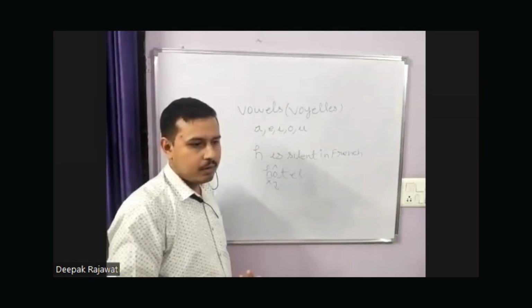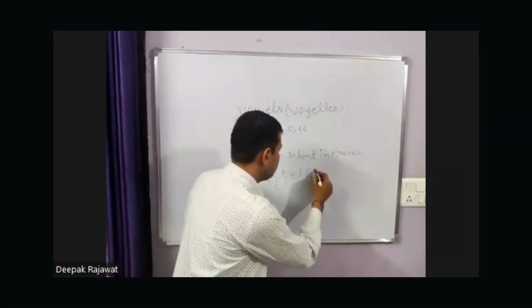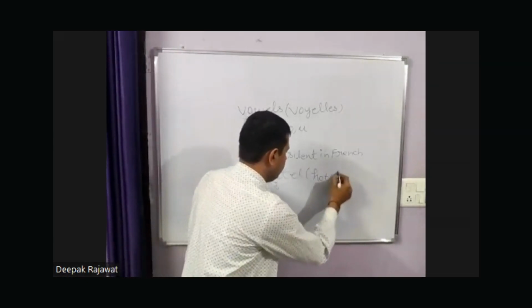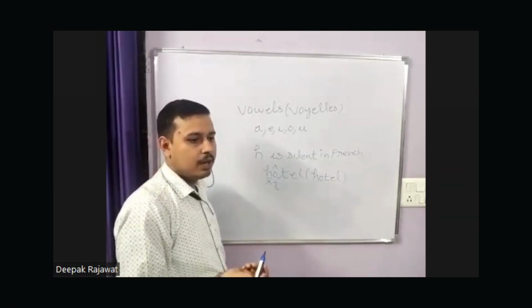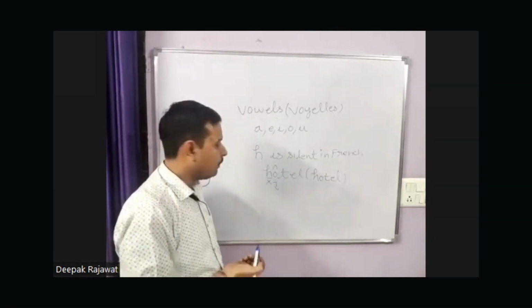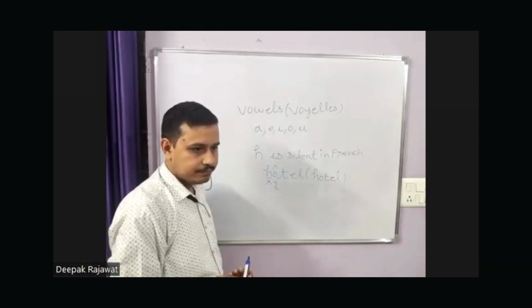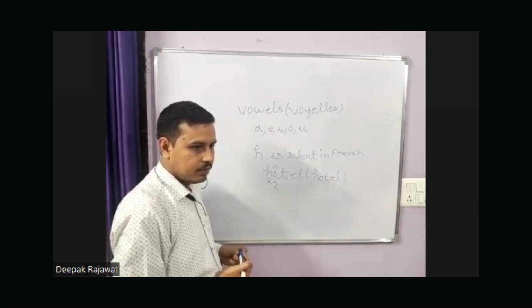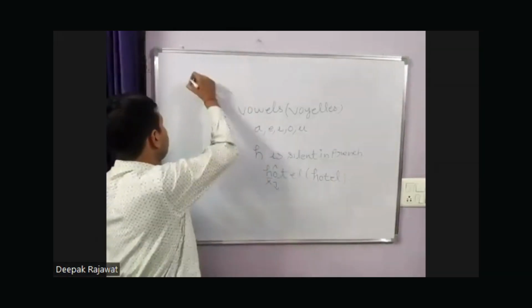O, we have done O. So it becomes hotel. We write it. We write the letter H, but we never pronounce it. Okay, we skip the letter H in French. This is clear? So just make a note.